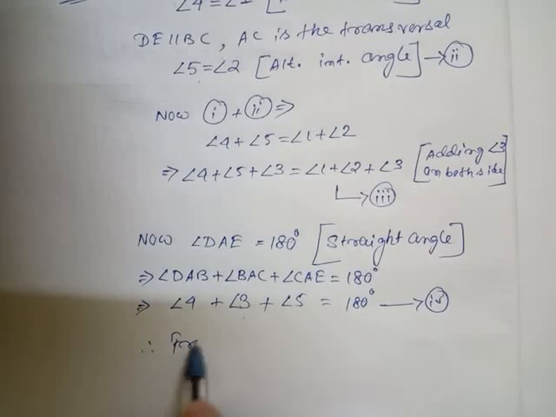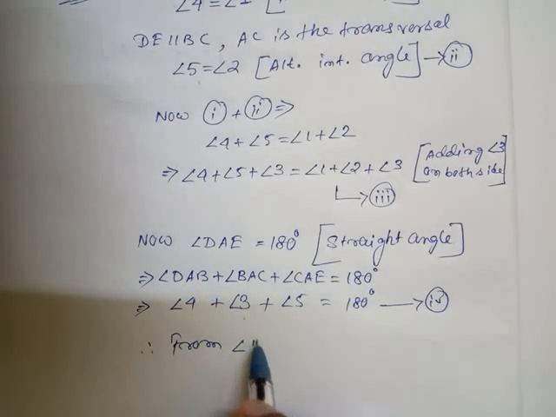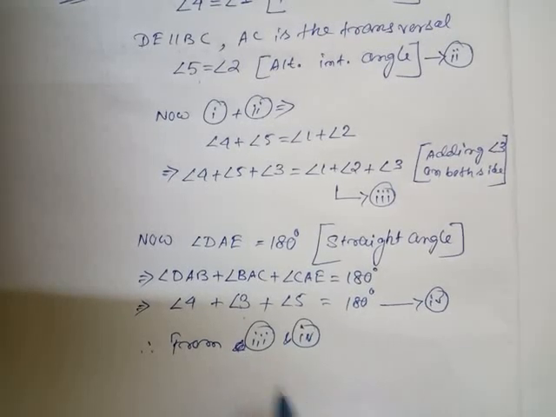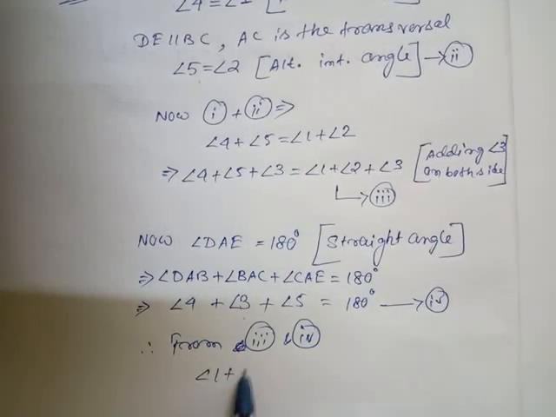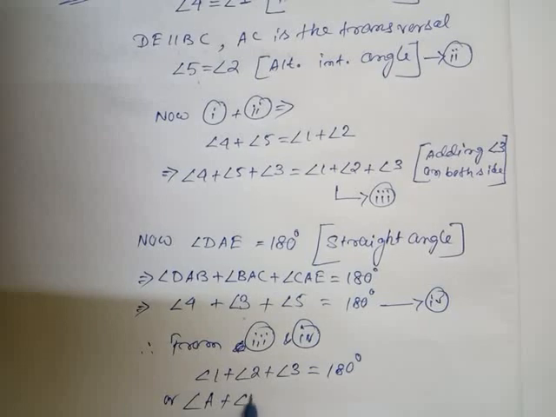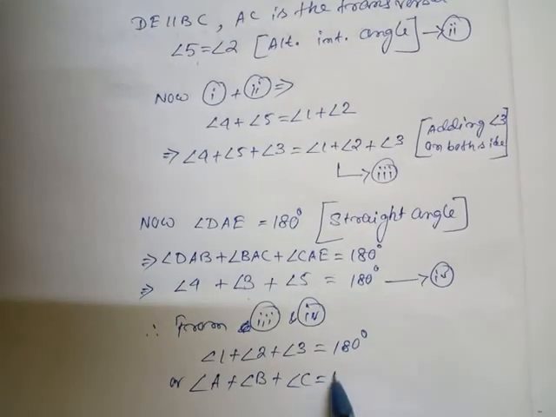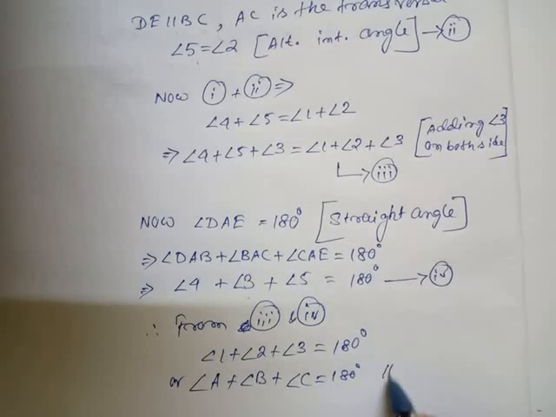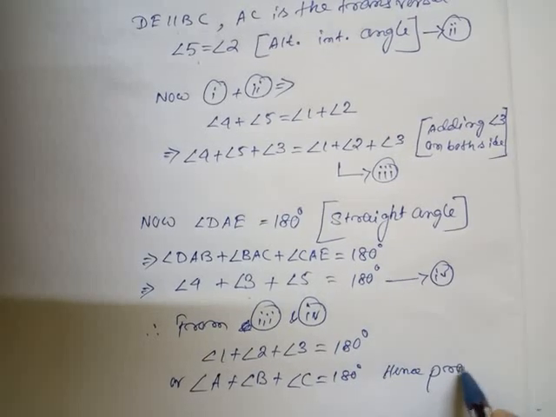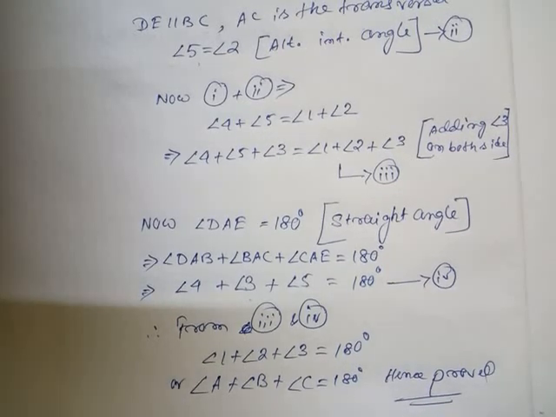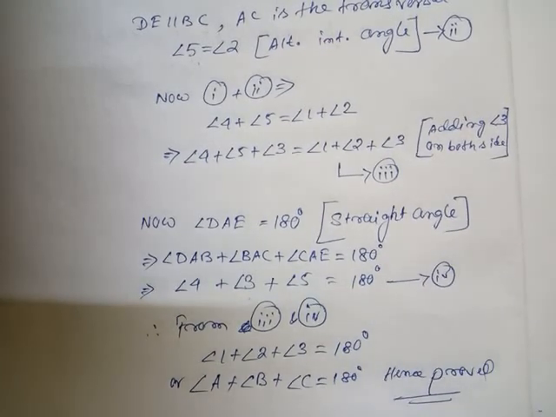Therefore from 3 and 4, we can say that angle 1 plus angle 2 plus angle 3 equal to 180 degrees, or angle A plus angle B plus angle C equal to 180 degrees, and which is our proof. So we will write, hence proved. Students, practice this question many times, because this theorem is important.